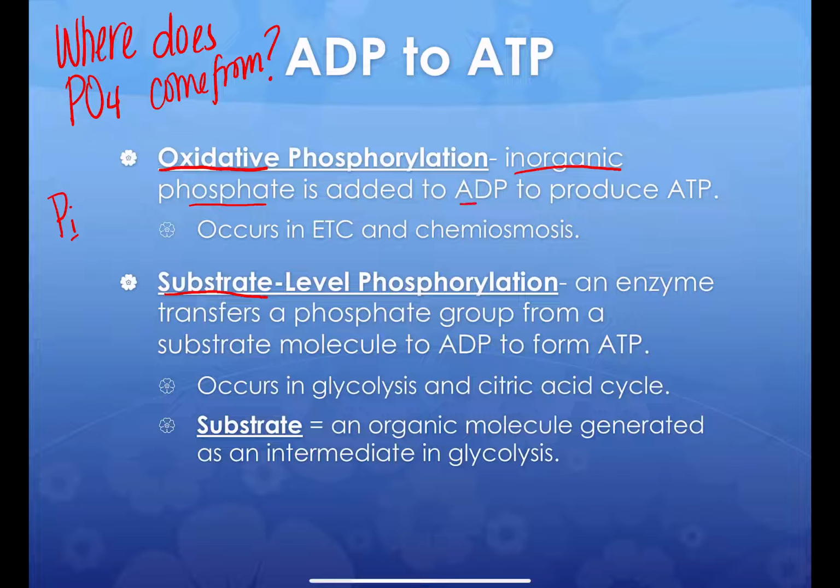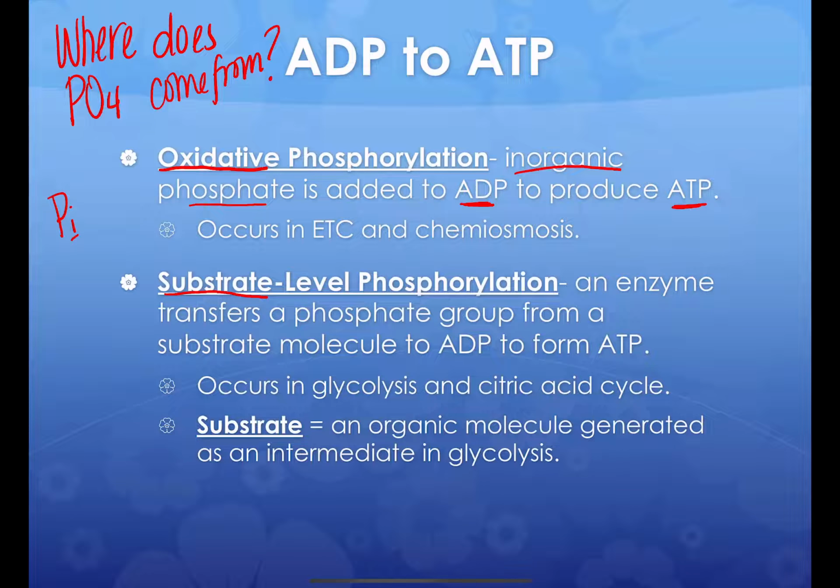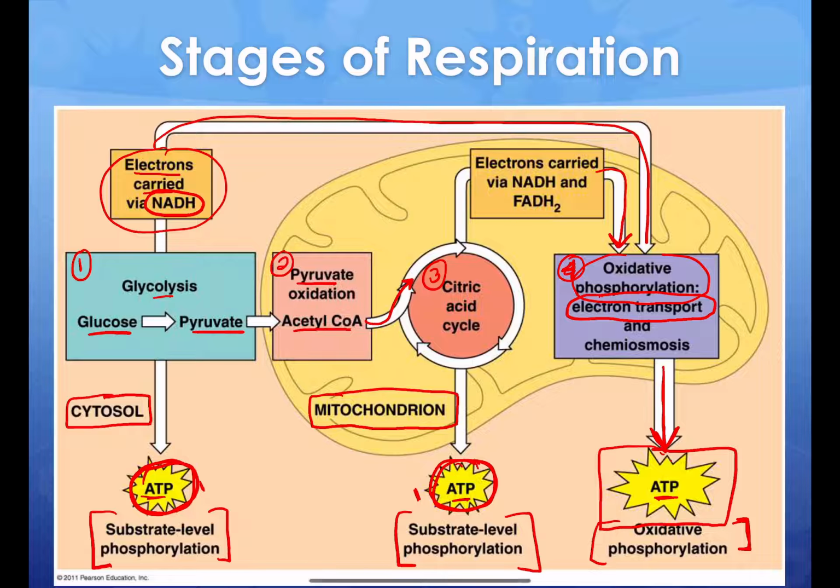And they get added to ADP to make ATP. And so we see this in the stages where ATP is made. So in oxidative phosphorylation, the phosphate comes from inorganic phosphate. I said that backwards earlier.